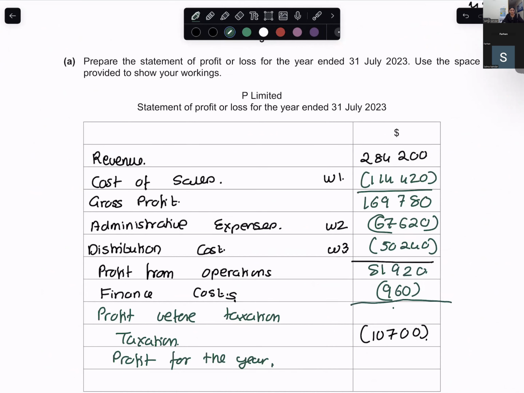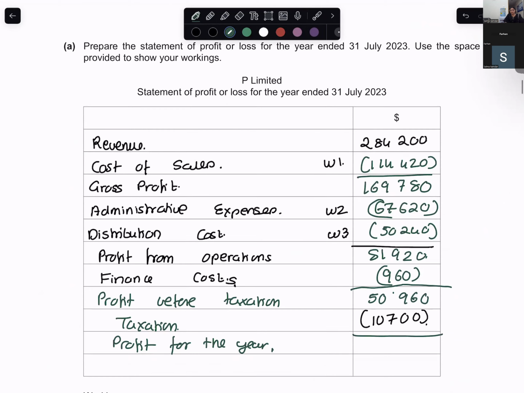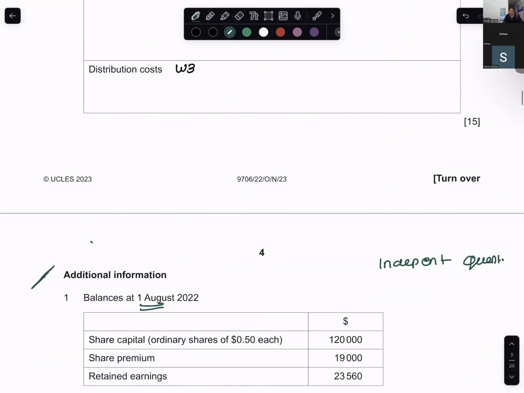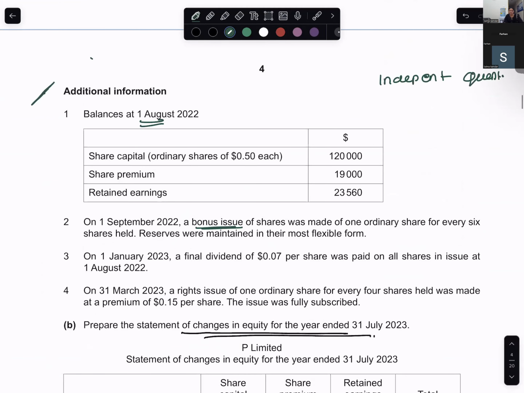So minus 960, sorry. 51,920 minus 960. So 59,600, minus 10,700. 40,260. Okay. Yes, we complete the income statement.